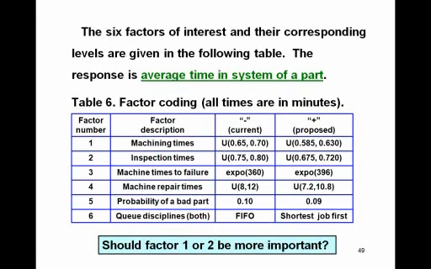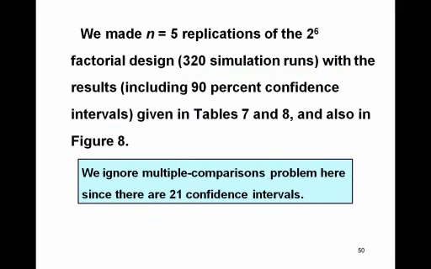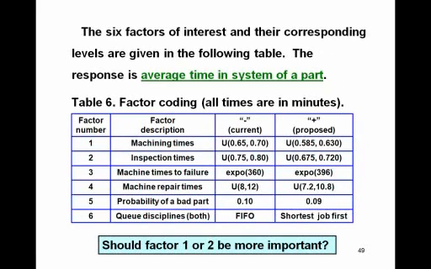I believe that the run length was something like 160 minutes, and I didn't write that down here explicitly. And our performance measure we're going to be looking at is average time in system of a part. And actually, I did have a warm-up period here as well, but I won't go into all those details.